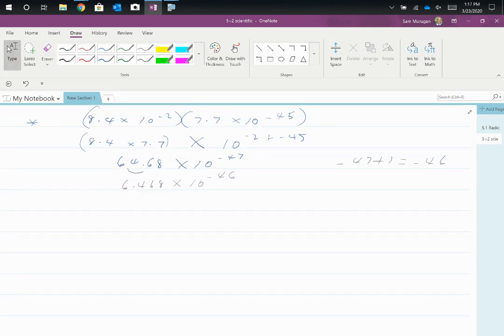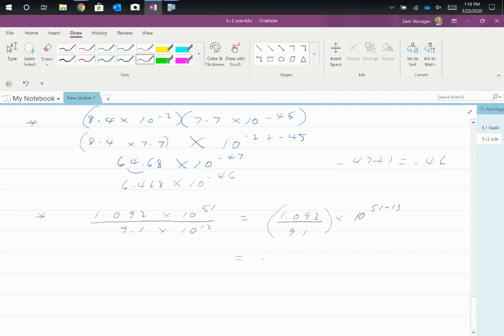Now a couple of examples with dividing. So 1.092 times 10 to the power 51 over 9.1 times 10 to the power 13. I would divide 1.092 by 9.1 and subtract the powers this time, 51 minus 13.